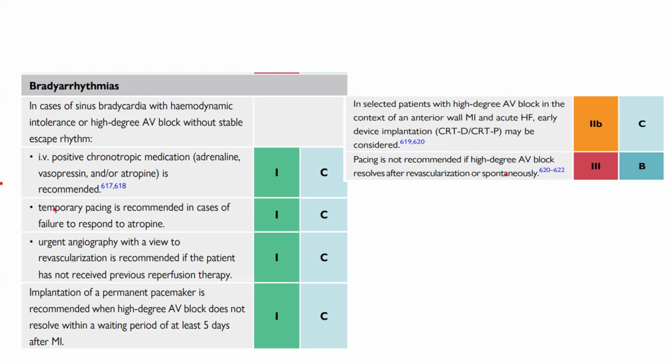We discussed the indications of CRT in our previous discussions, and we know that it should be after optimal medical therapy for at least 3 months with EF persistently less than or equal to 35%, and the patient meeting the criteria, either by left bundle branch block, LBBB, preferably QRS greater than or equal to 150, or for some people between 130 and 150. I believe we did that discussion. Pacing is not recommended if high degree AV block resolves after revascularization.